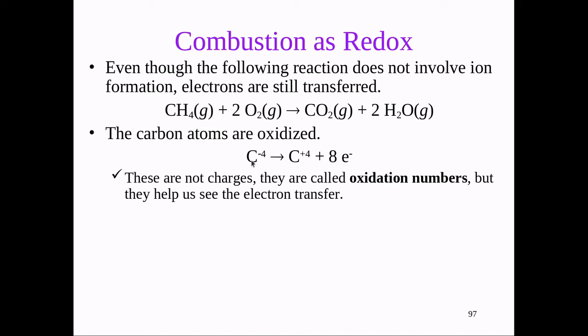But these ions don't actually exist, because we're having molecular compounds now. But we can still talk about them. And the way that we do that is we define something known as oxidation numbers. They help us to see the electron transfer, but they don't indicate that there's actually any ions being formed. In this case, again, the oxygen atoms are always reduced, which is a hallmark of a combustion reaction.